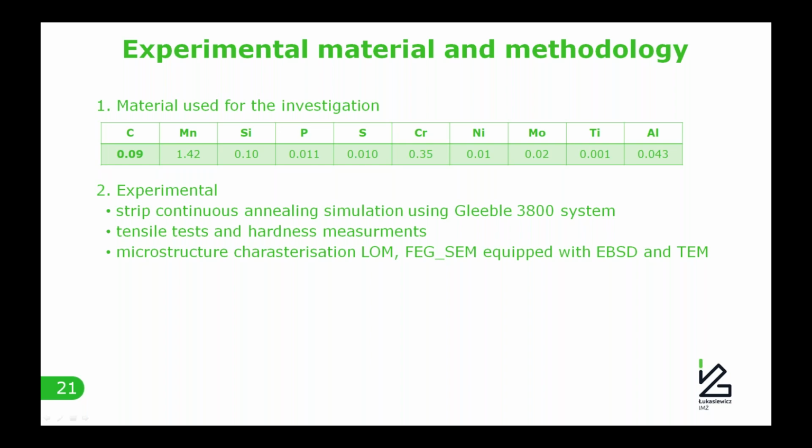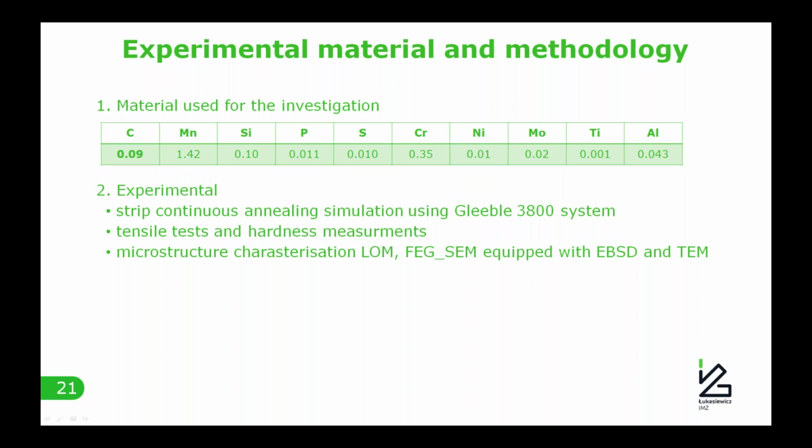The rolling was conducted in several passes to reduce the thickness of the hot rolled strip from 3 mm down to 1 mm. The chemical composition of the investigated sheet is shown in the table. The selected steel was characterized by its lean chemical composition, specifically low silicon content, and was intended to tackle common problems encountered during hot dip galvanizing of sheets.